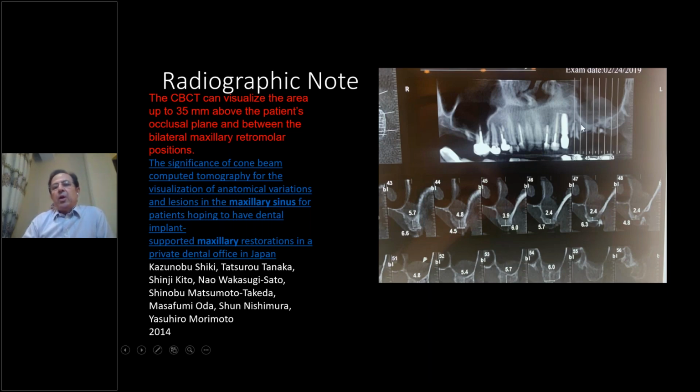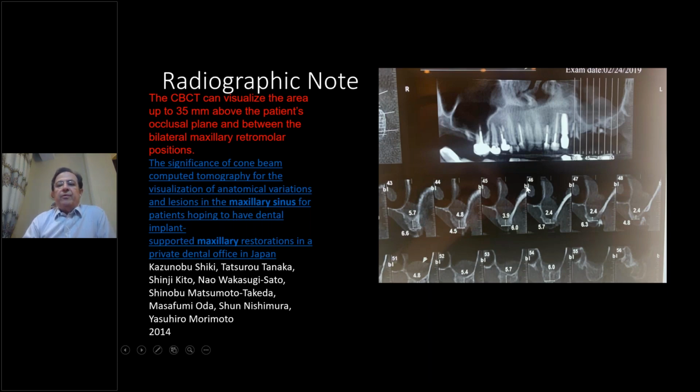So if our patient has a history of sinusitis, chronic sinusitis, or other pathologic conditions in the sinus, in most cases we cannot see the patency of the OMC or ostium in the CBCT scan.